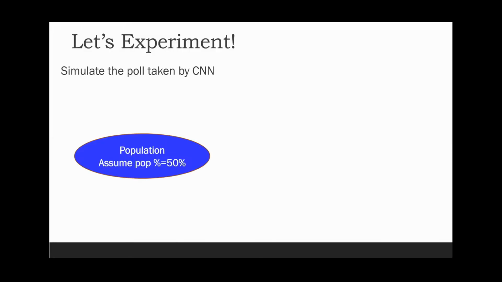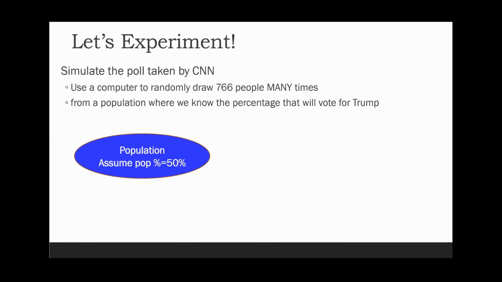So in that summary video, it talked about a poll taken by CNN regarding whether or not people would vote for Trump, and there were 766 people in that poll. What we want to know is if we keep on taking random samples from some population where we assume we know the population percentage.